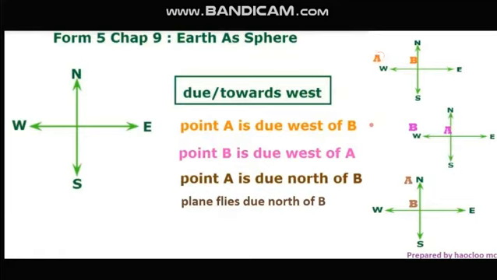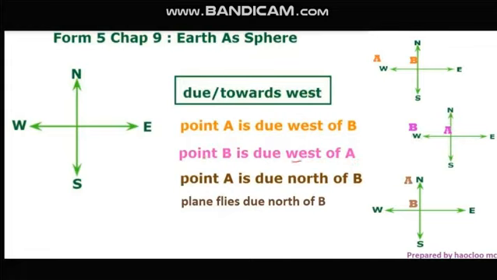Second example, point B is due west of A. So when you see this question, you read from the behind. Point A, you imagine is a center. At point A, the west side of point A is here.